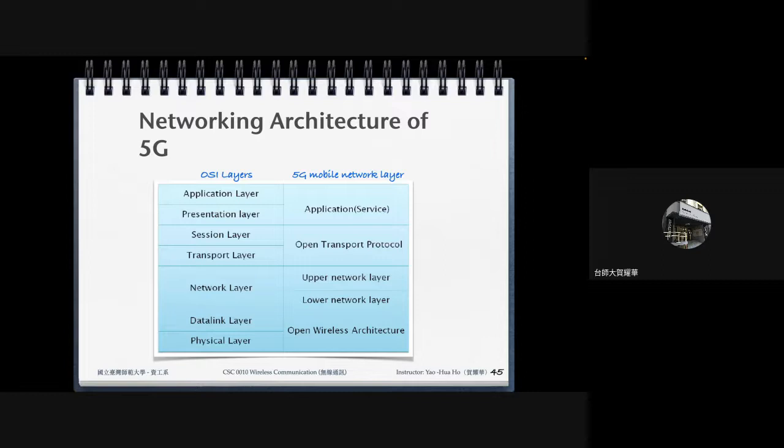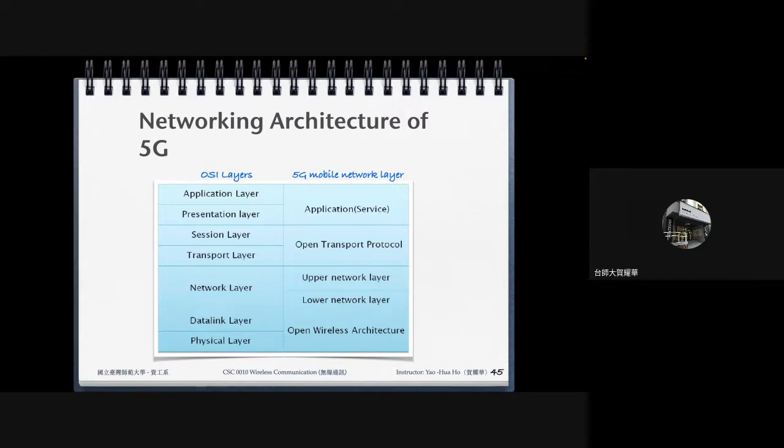Now, another little difference on the fifth generation network is the fifth generation mobile network layer. 现在 they design more closely to the internet or computer OSI layer type of device, because most of the fifth generation devices follow some computer protocol.